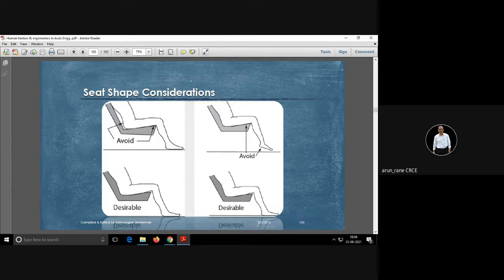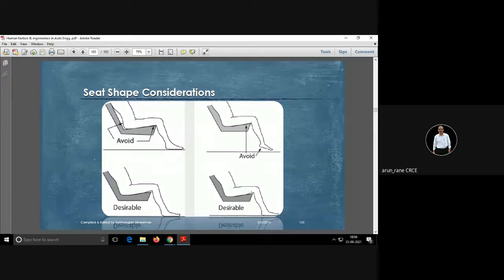Again, see, this portion has to be supported properly. Now what is happening here, since this is your toe, yesterday I told that your toe should rest on the floor. Okay, toe should rest on the floor.